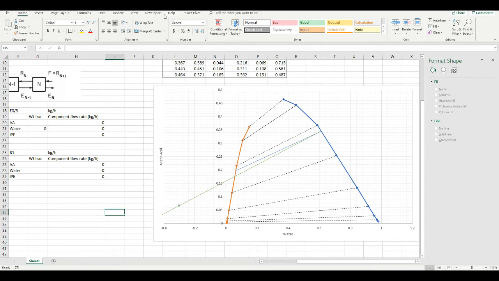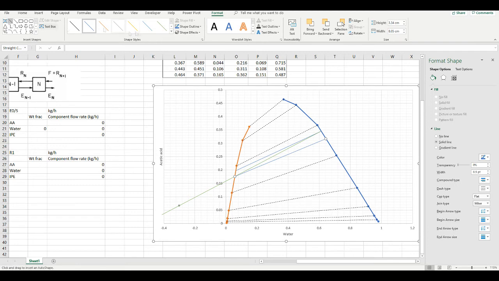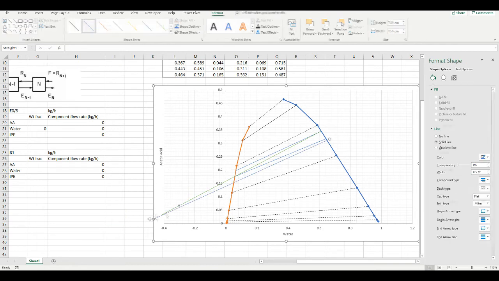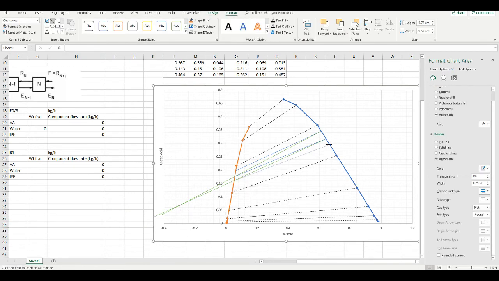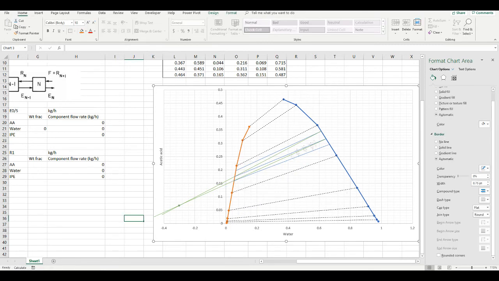So let's keep doing that. Okay, so now we have 3 equilibrium lines, and this is equivalent to 3 stages, so we know that we have to stop here.